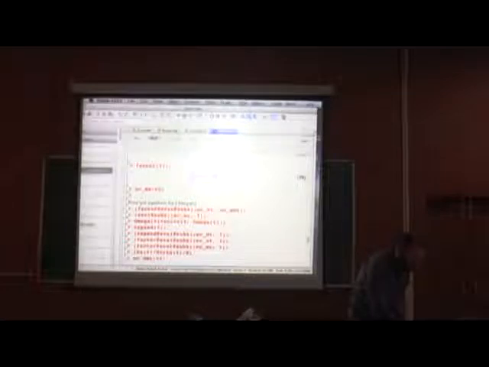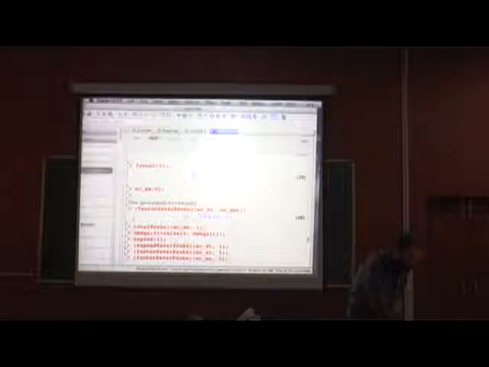Now we need an equation for the time derivative of omega. So what we do is substitute first the equation of state in the equation that we already had for mu.